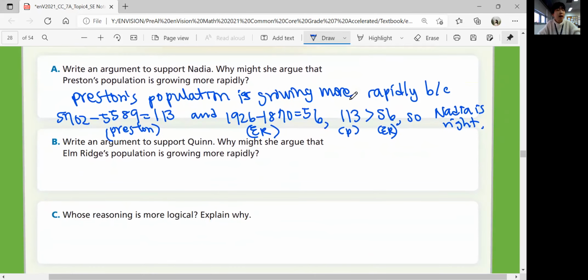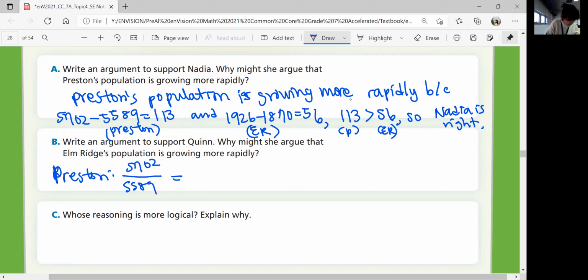So let's look at Preston's percentage. Preston grew. So the part here is going to be increasing because we want to know how much it grew. So we started from the whole 5,589 and it became 5,702 this year.